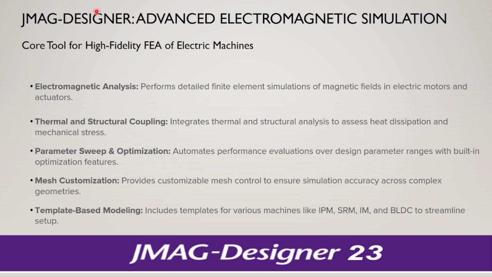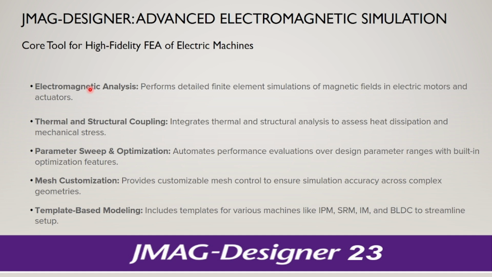Let us see the basic things we can do in Jmag Designer. If you have the Jmag Designer software, these are the analyses you can do for your particular motors, either an induction motor or special motors. You can use Jmag Designer for electromagnetic analysis. Normally in motor design you go for finite element analysis.